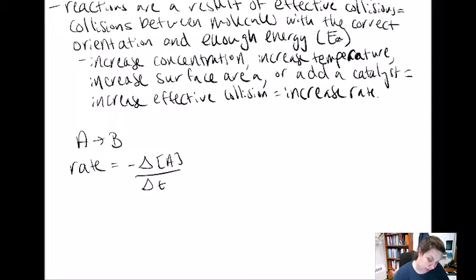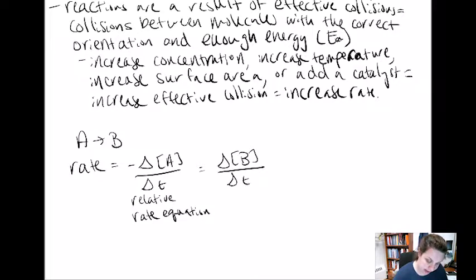This is called our relative rate equation, and this would be the rate of disappearance of A. We could also write it in terms of the appearance of B: delta B concentration over delta time.